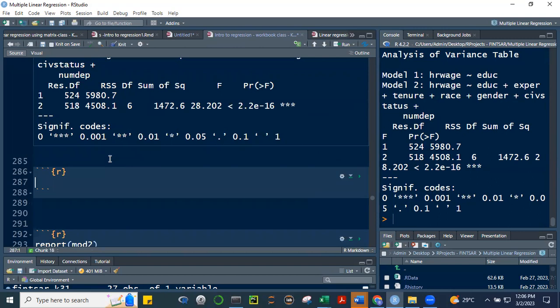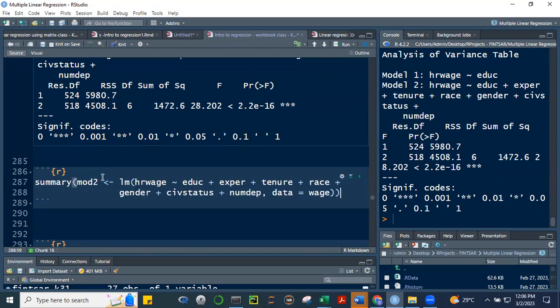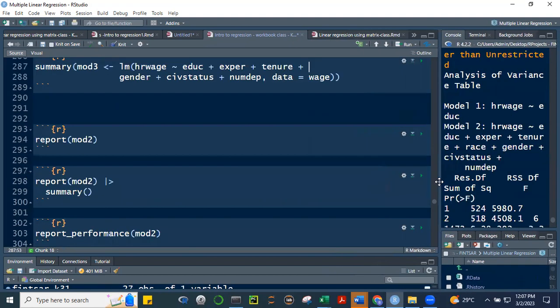Control Alt, Control V. And then we now create our model 3 natin. No? Tapos ang tatanggalin natin si race. So tanggal si race sa model natin. Okay? So this now becomes our model. Simple lang ha.